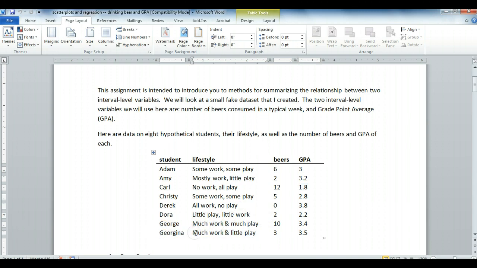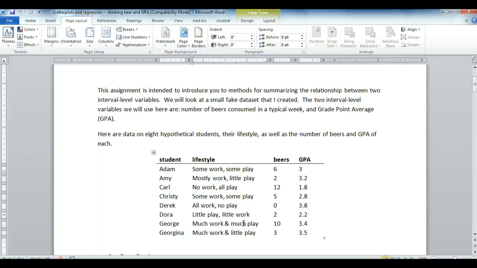She's all work, little play, and she has a much higher GPA, 3.5. So it seems like GPA is related to number of beers you drink, which is sort of an indication of how much somebody is a party animal versus how studious they are. But the idea here is we want to get a general sense of this, okay?